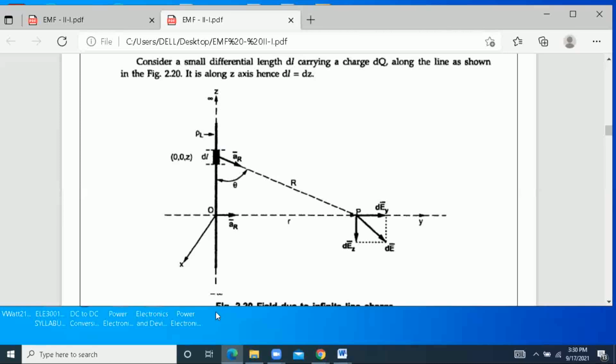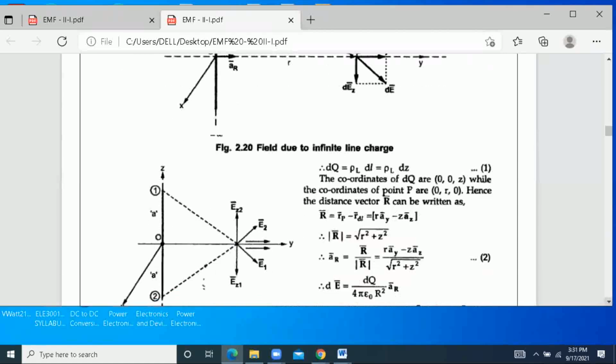So the first thing you have to do is to find Q for your entire length. So here we go. dq is rho L dl. So Q is going to be the integral from minus infinity to infinity of rho L dl.